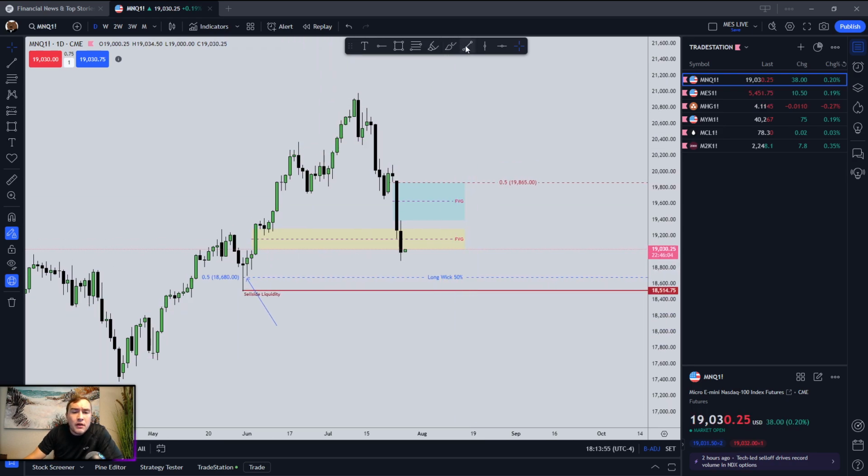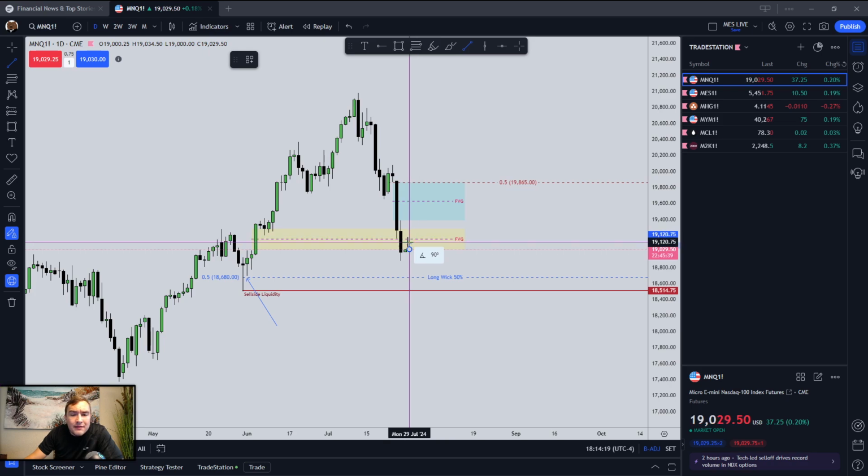Some other levels that I'm looking at here on the micro NASDAQ is the fair value gap formed between Tuesday the 4th of June and Thursday the 6th of June. That's a buy-side imbalance, sell-side inefficiency that the market came back down and redelivered. Now, in order for the market to rebalance that price, the market would need to come back up to the low here, which is 19,278 quarters.